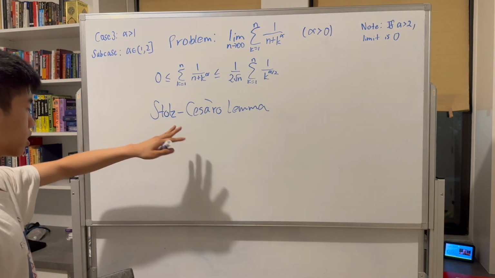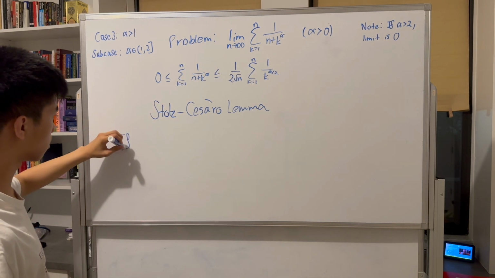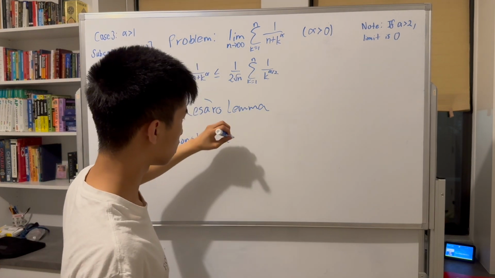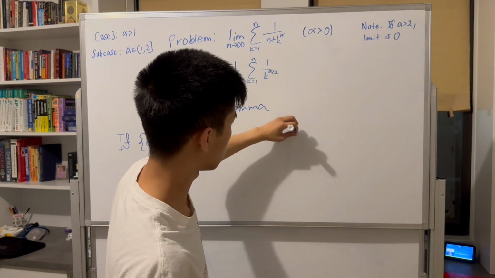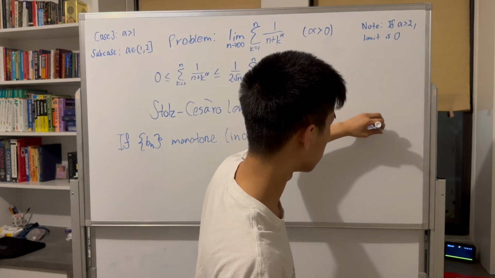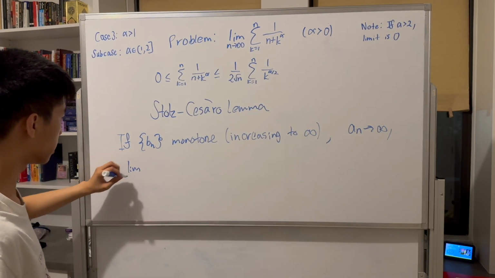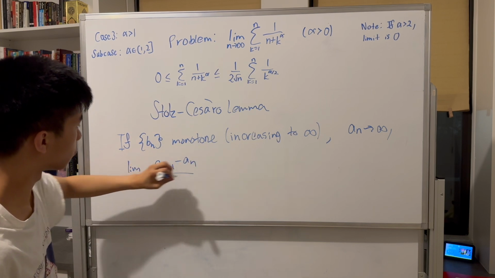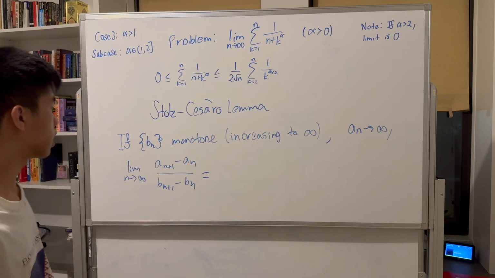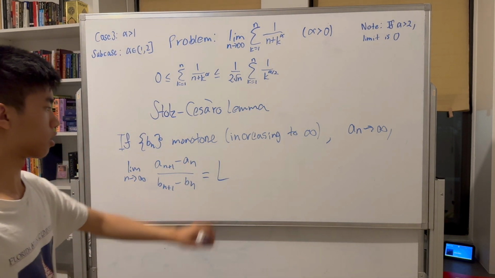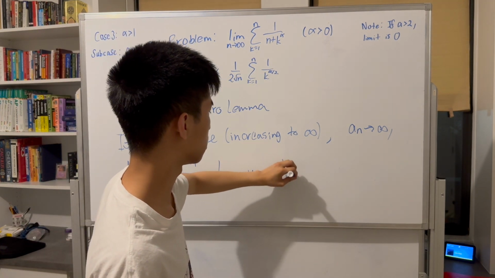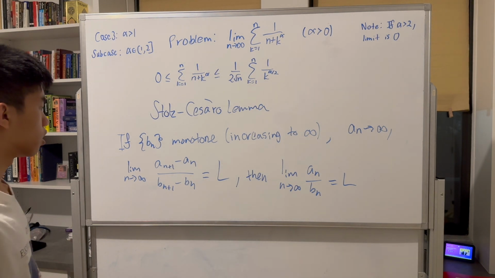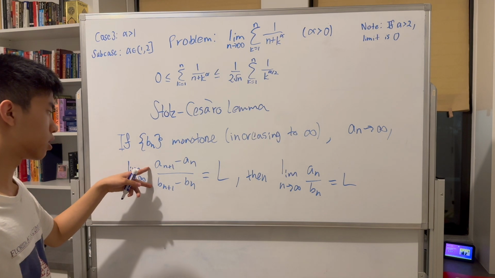So what a restatement of the lemma can tell us is: if the sequence b of n is monotone, in our case strictly increasing to infinity, and we also have a of n going to infinity as well, and the limit as n goes to infinity of a of n plus 1 minus a of n over b of n plus 1 minus b of n approaches a finite number L, then the limit of a of n over b of n approaches that same finite number L. So our new goal is going to be proving that this limit over here exists.